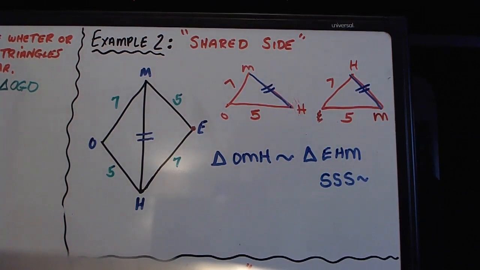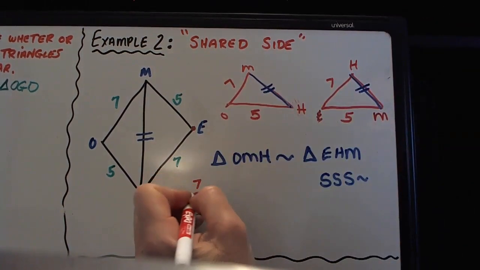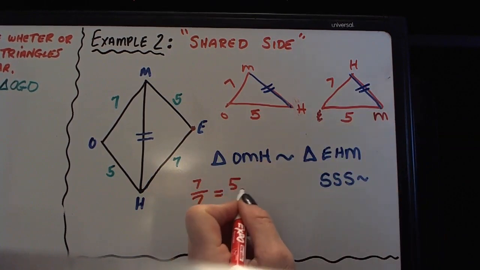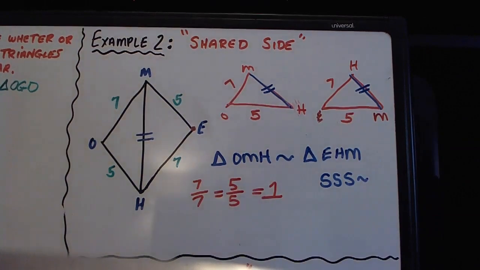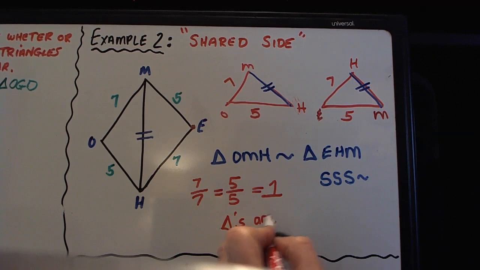If you notice, the ratios for these sides are actually 1 to 1, because 7 is to 7 as 5 is to 5, they both equal 1. And if we know that the ratios of the sides are 1, therefore we also know that the triangles are congruent.